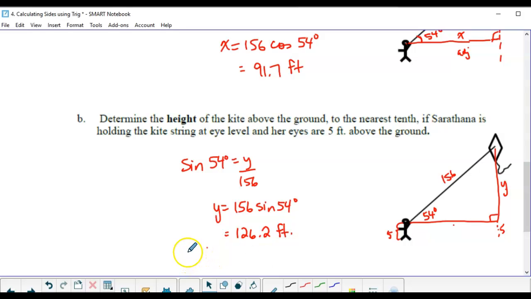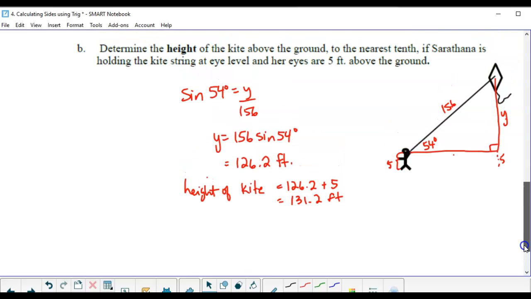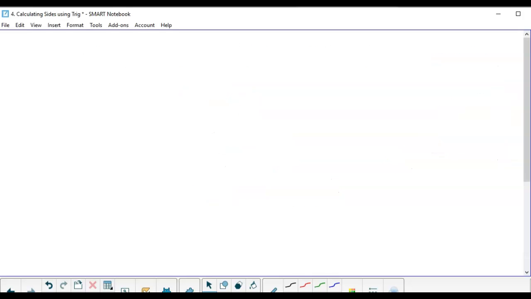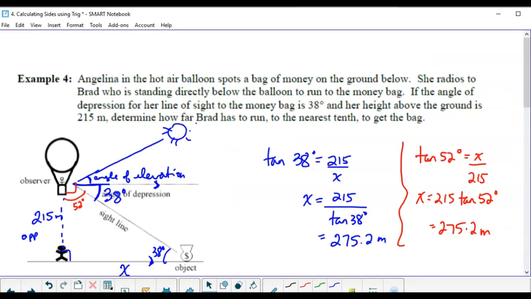And then height above the ground, height of kite is going to be 126.2 plus 5, so 131.2 feet. Okay, and that's it. Let's check here. Yep, that's it.